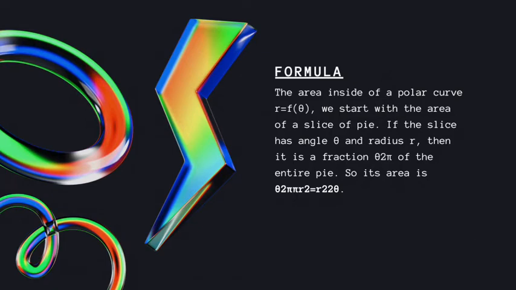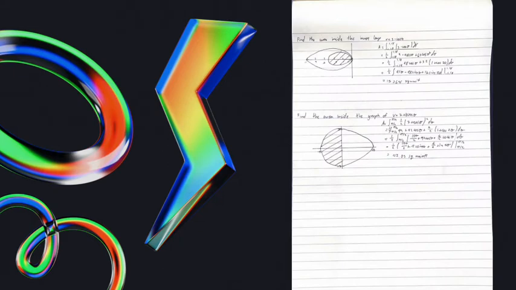So its area is theta over 2 pi times pi r squared, which equals r squared theta over 2. So this is my example.